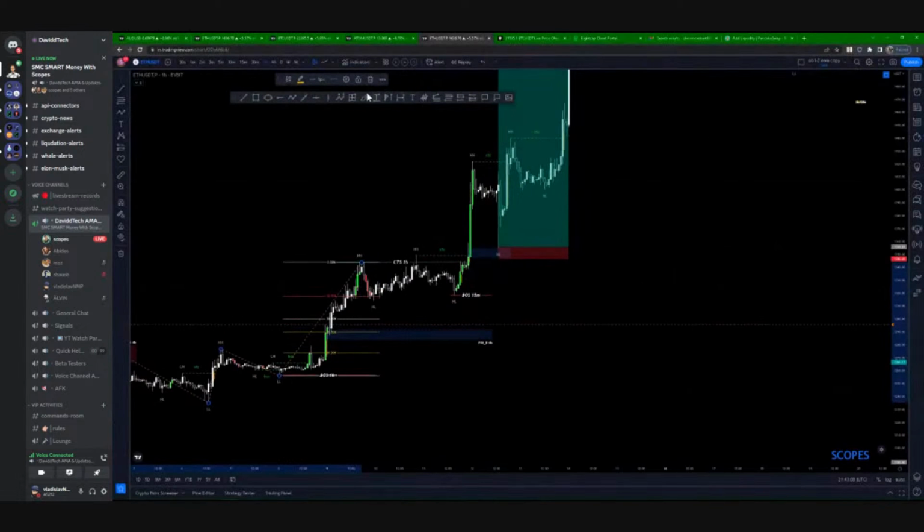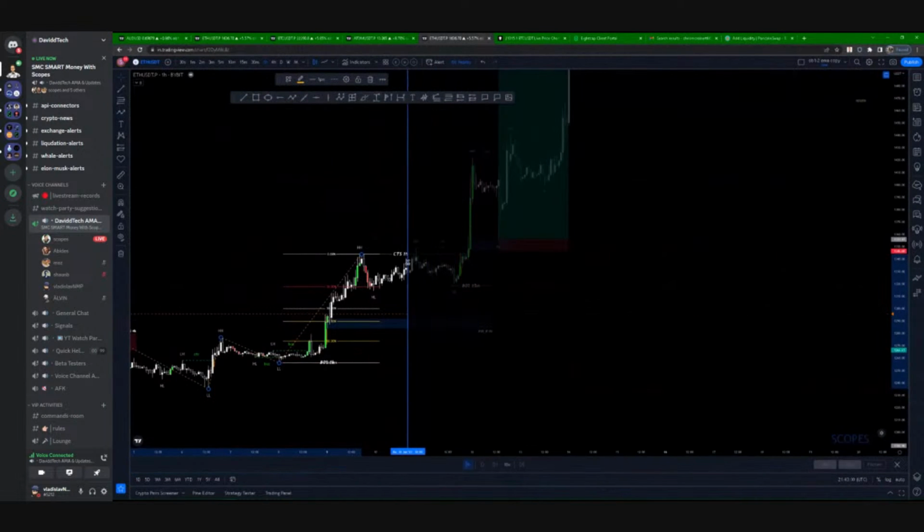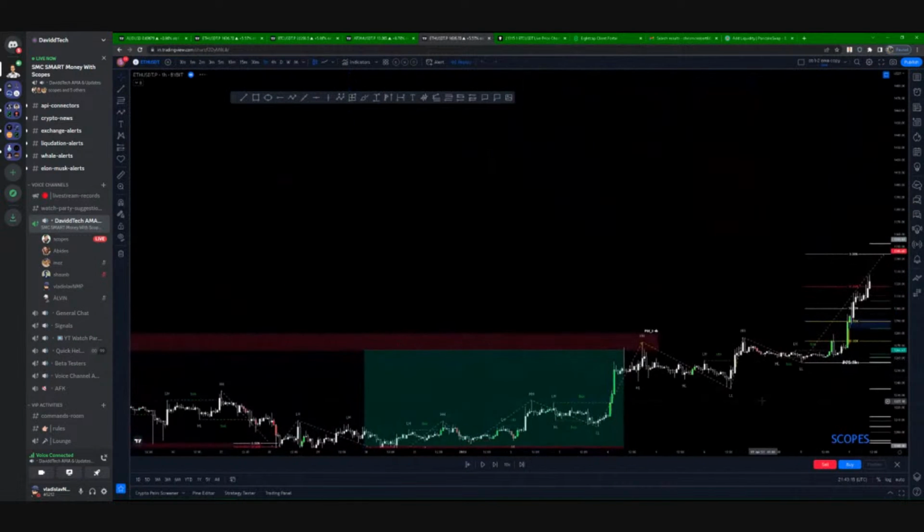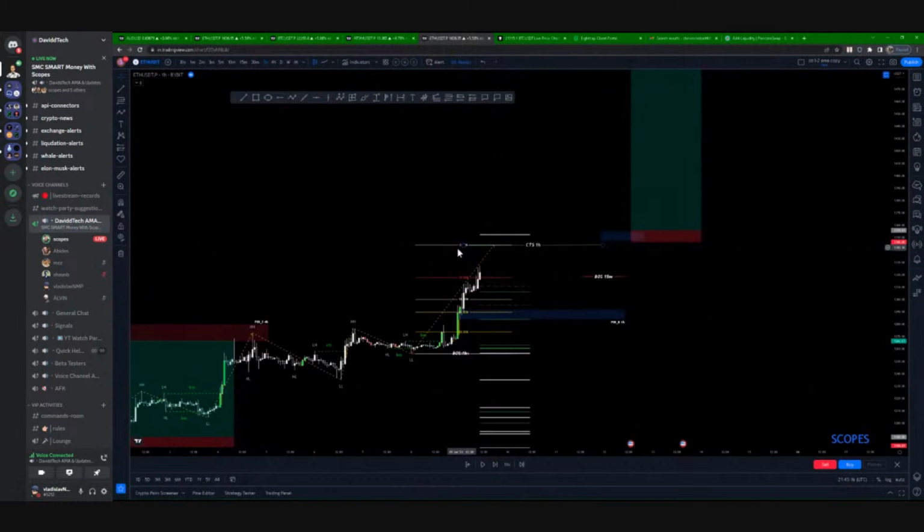So if I try this from there, and just remove this fib for one second. See, this is what I mean about the indicator.